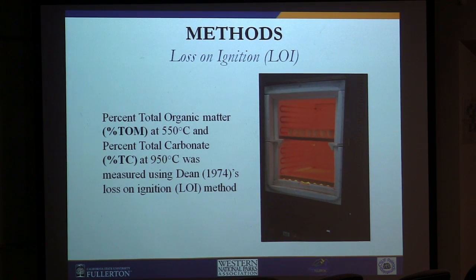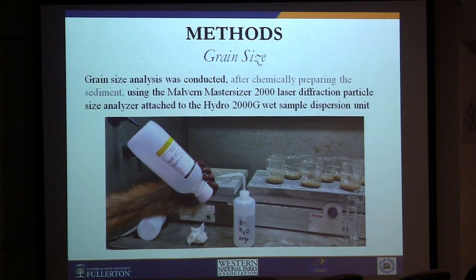Loss on ignition, we did a percent total organic matter, the percent TOM, and the total carbonate percentage. That's the 550 and the 950 burn in this hot oven, using the Dean loss on ignition method. For grain size analysis, after chemically preparing the sediment, we used the Malvern.